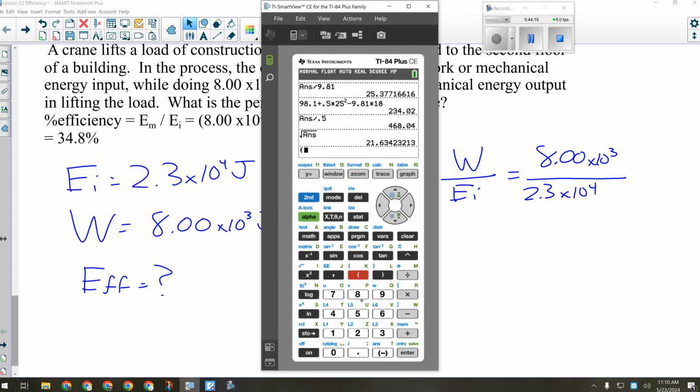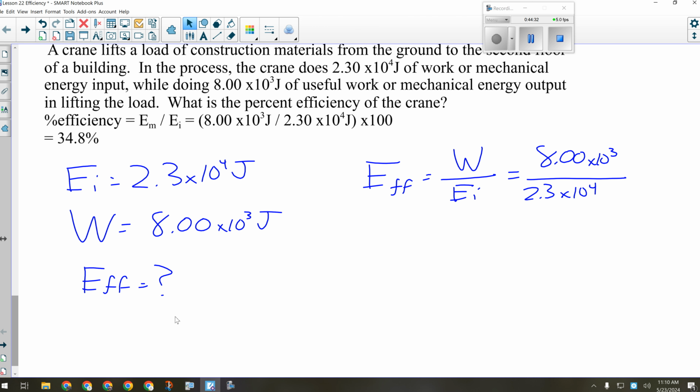You know how to do scientific notation that way. Okay, so it comes out to 0.3478, so that's 34.8% efficiency. Everybody all right with that?